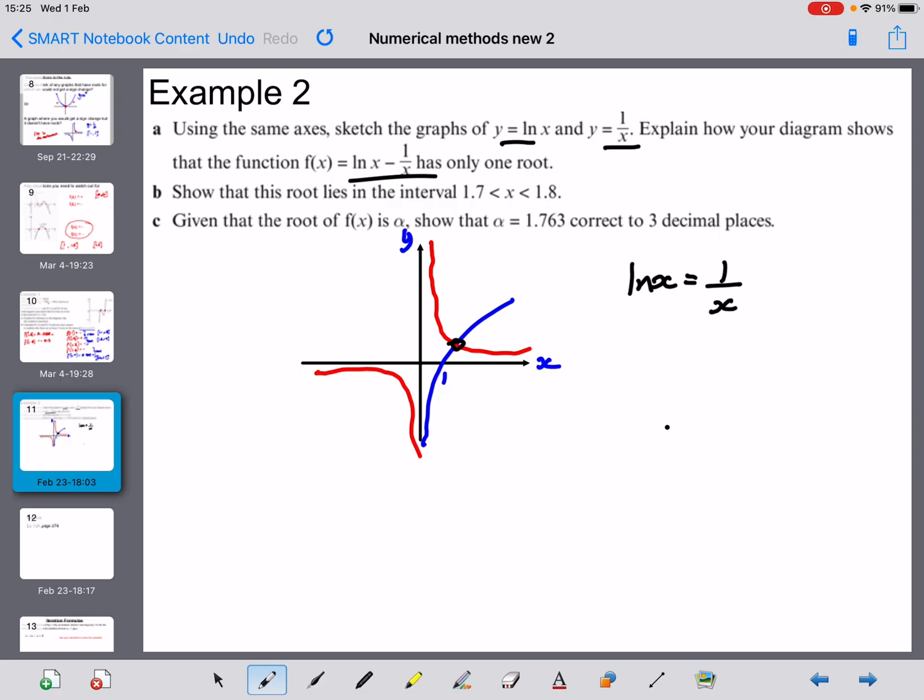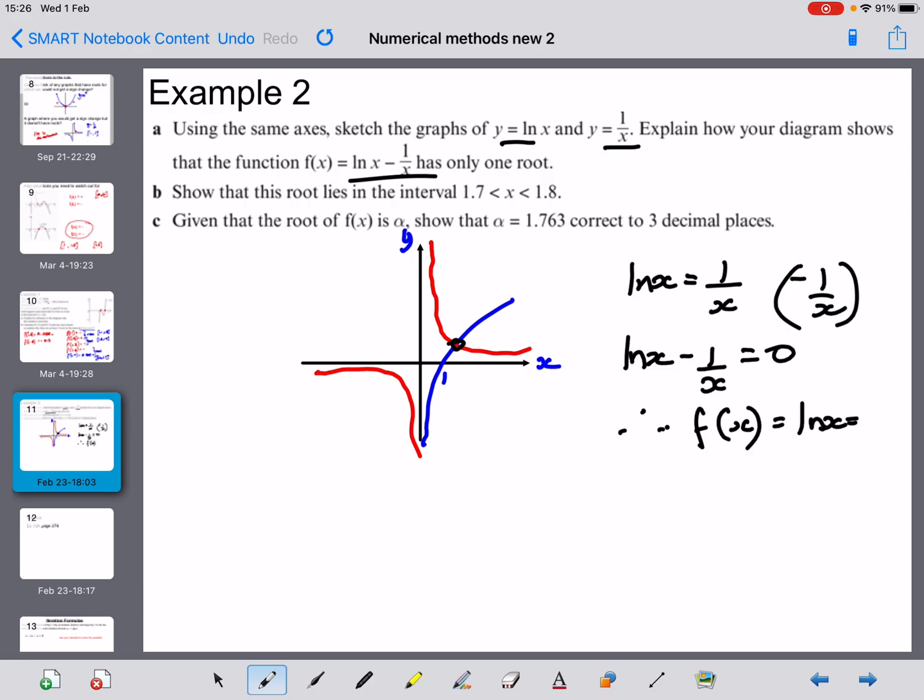So that point of intersection is where y equals log x and y equals 1 over x meet, so where log x equals 1 over x. Okay, so in order to get to that point, I just need to take off 1 over x to get log x minus 1 over x equals 0. Therefore, f of x equals log x minus 1 over x.